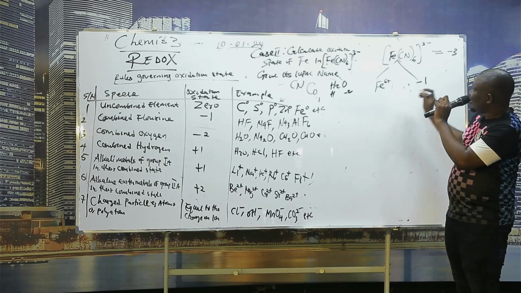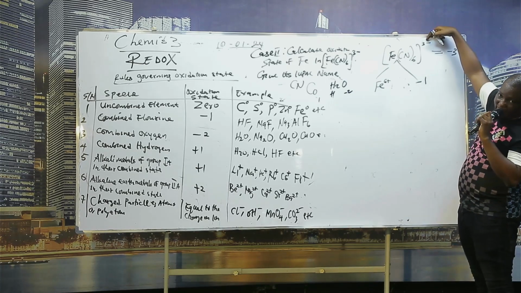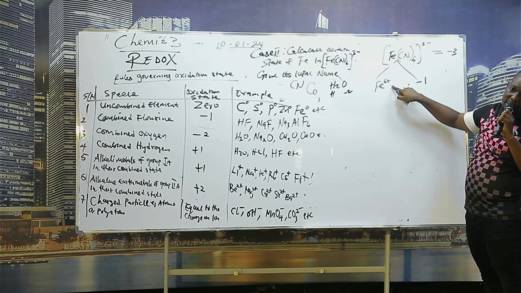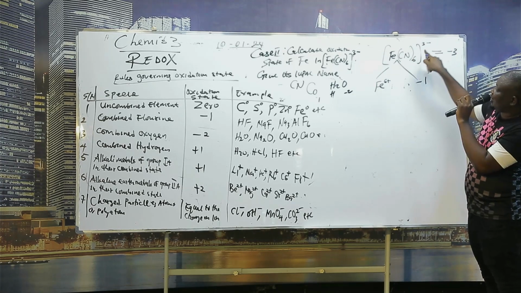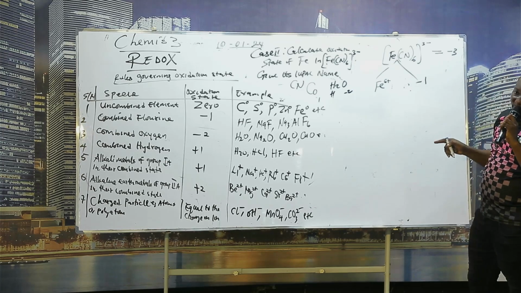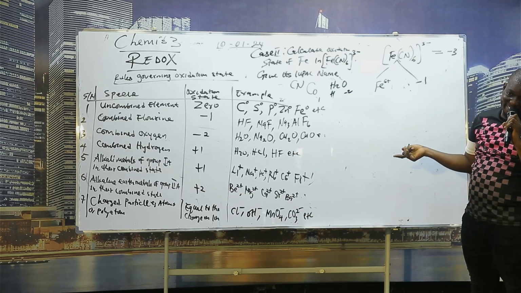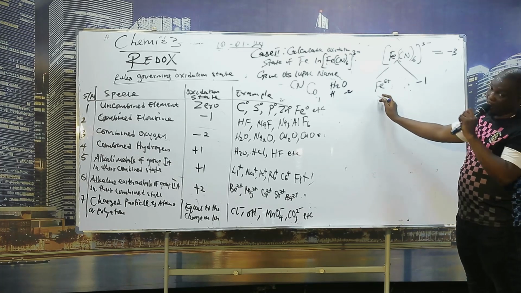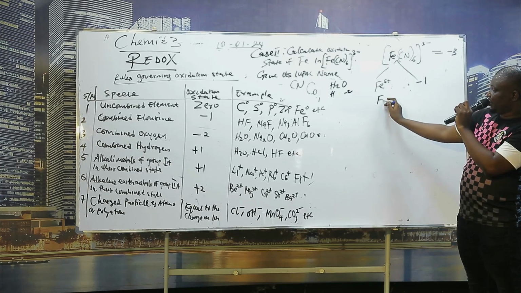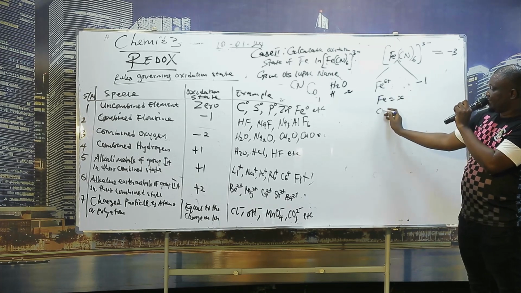So with this, because this is definitely minus, you cannot say at this point that iron is +6, because the whole of this thing is -3. So what are we going to do now? The answer is this minus this. But let me solve it for you. Since they asked us to find iron, Fe is x.